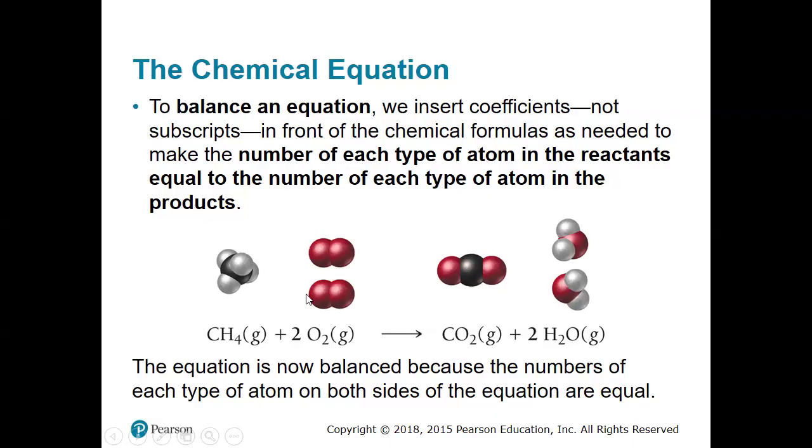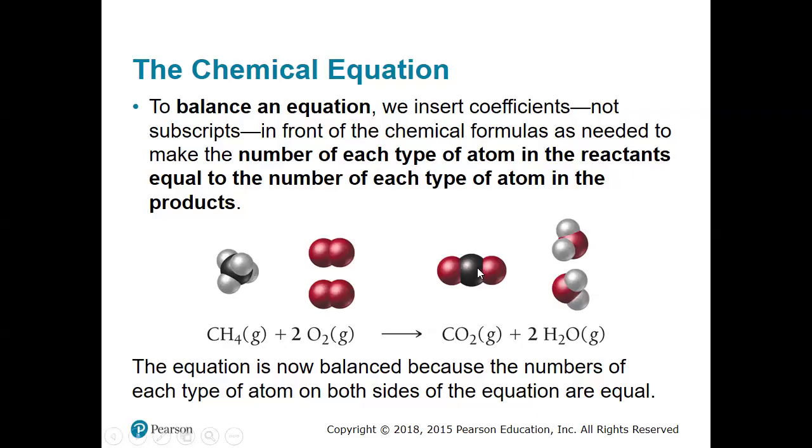In this particular case, if we look at this reaction as having 2 molecules of oxygen instead of just 1, 2 molecules of water instead of just 1, now we've maintained the integrity of the substances themselves by preserving them. But we've also created a method that is going to allow the law of conservation to exist.